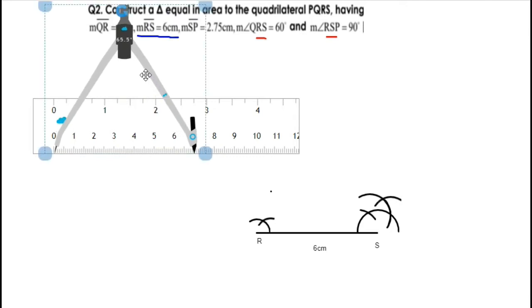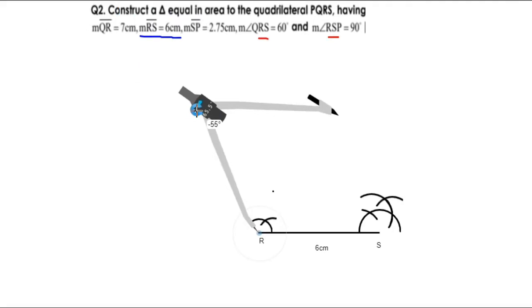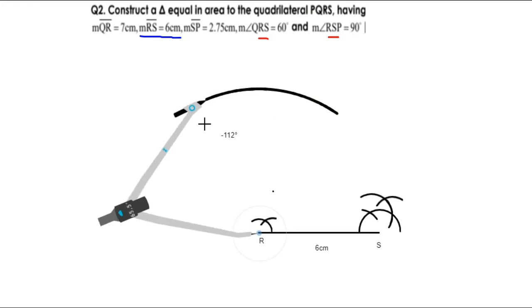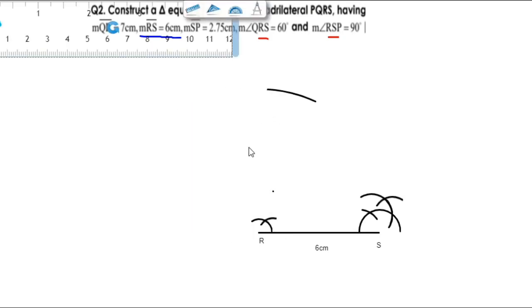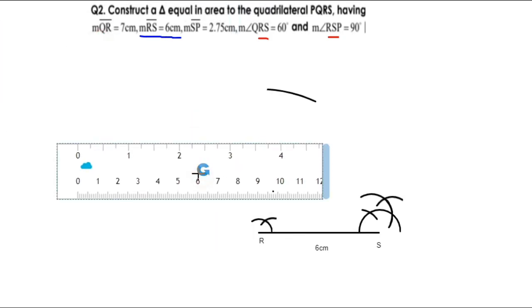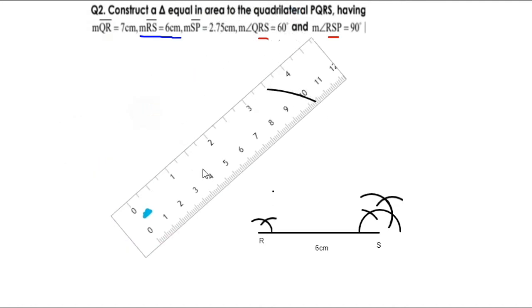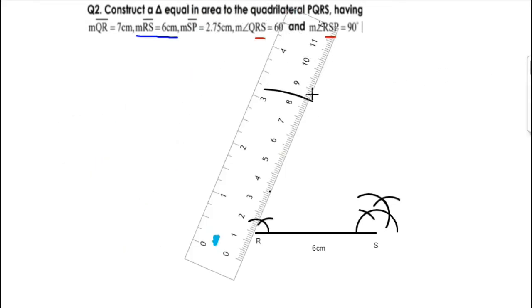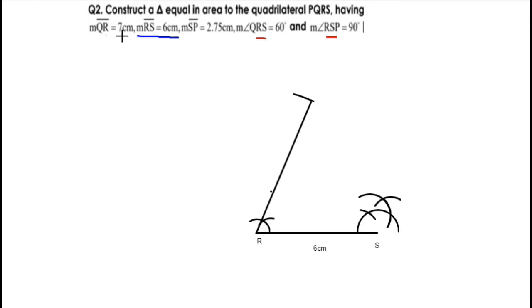Here it is 7 centimeters. We have to draw an arc of 7 centimeters. Now let's take the scale and put the scale over there. Now let's draw the line. Here QR is of 7 centimeters. So that point will of course be Q.